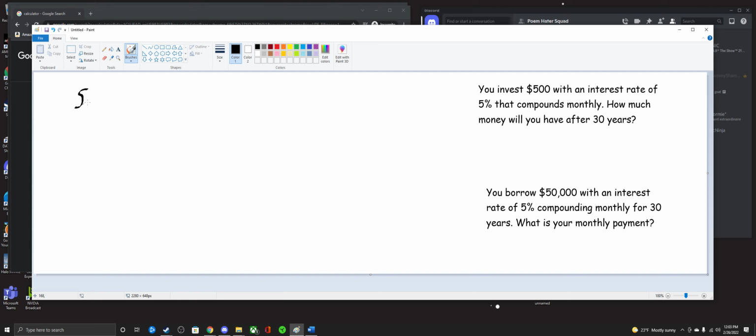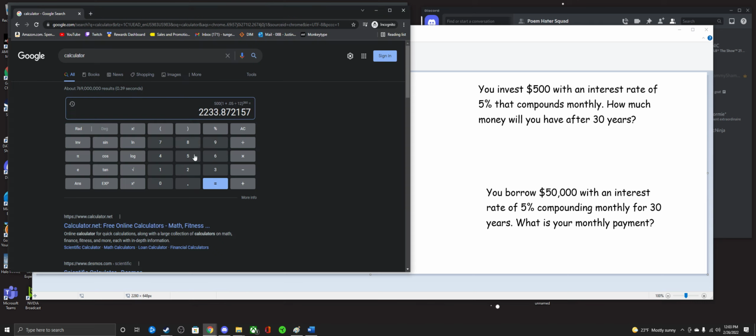So in this case, we would do 50,000 times 1 plus 0.05 over 12, because it's still a 5% interest rate, still compounding monthly, and it's still being raised to the power of 360. So we'll do that.